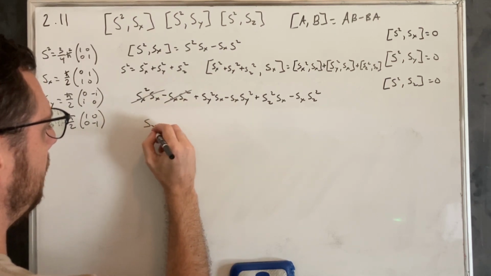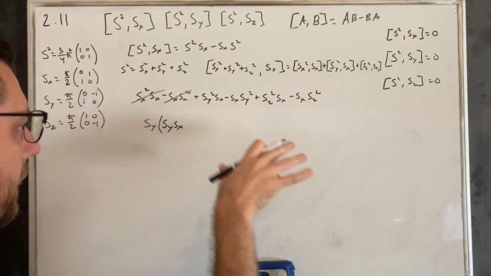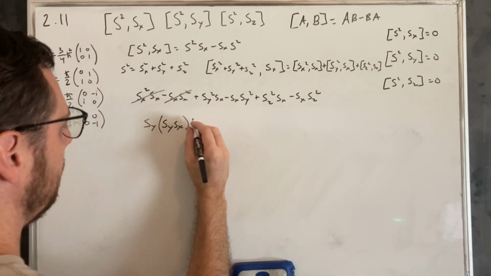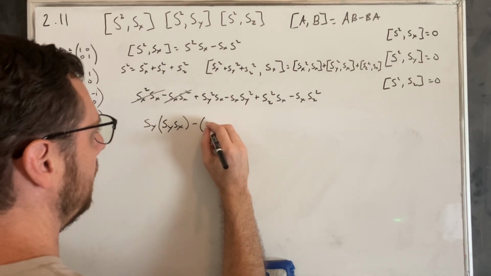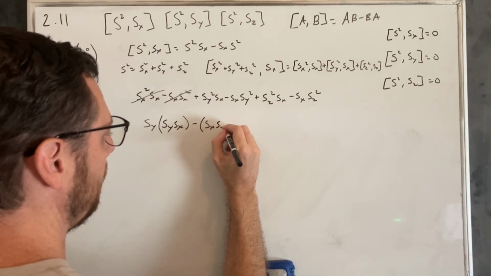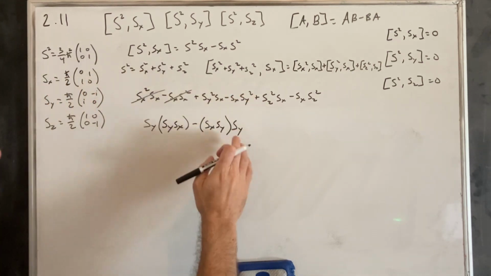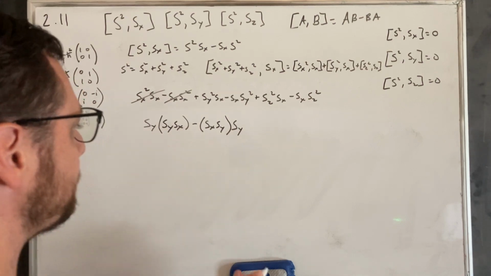So Sy and then Sy Sx, and it'll be more clear why we're doing this later. But for right now, we can do that. And then minus, we'll pull out an Sy from here too, Sx Sy. But I'll put this one in the back. Remind myself, this Sy goes on the end. This one goes in the beginning.